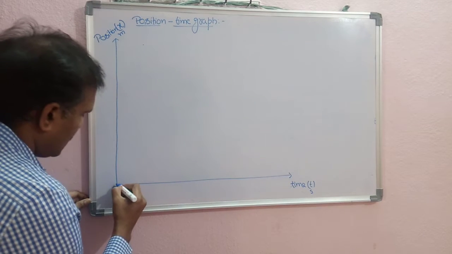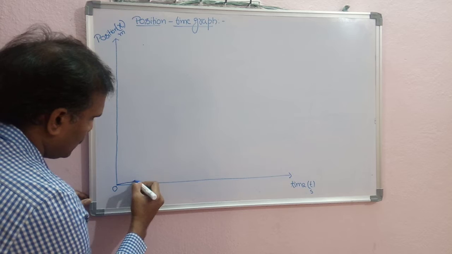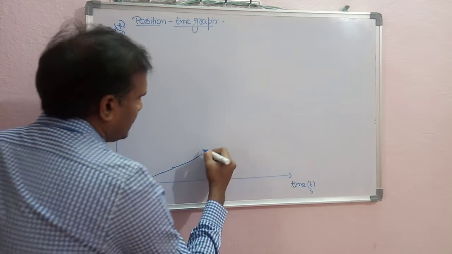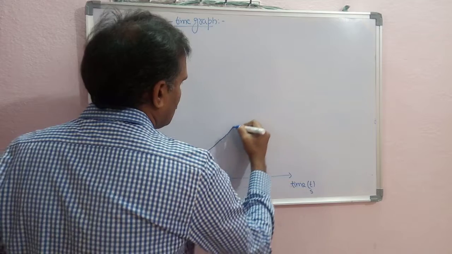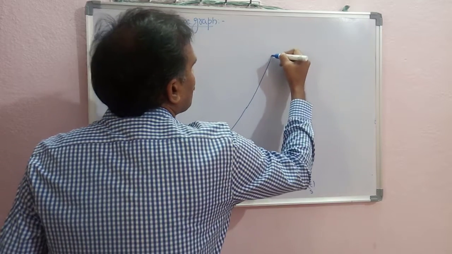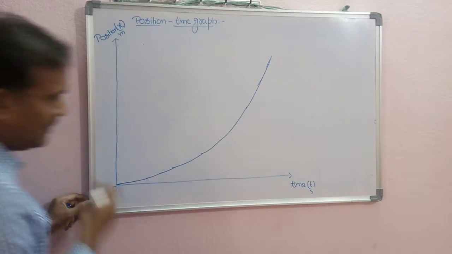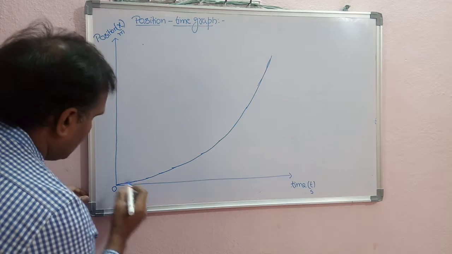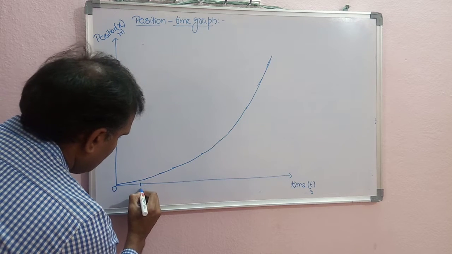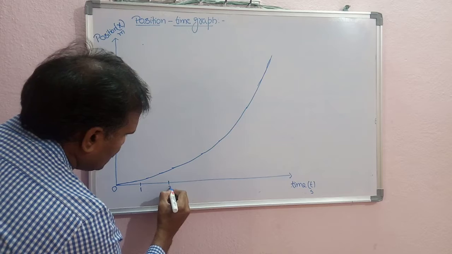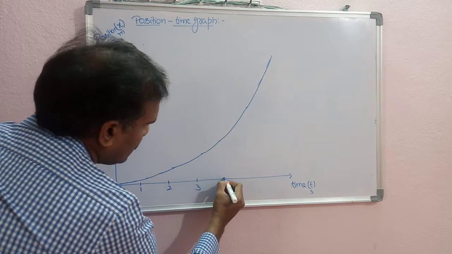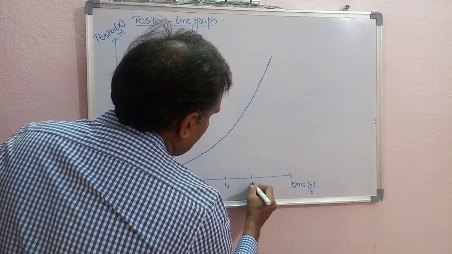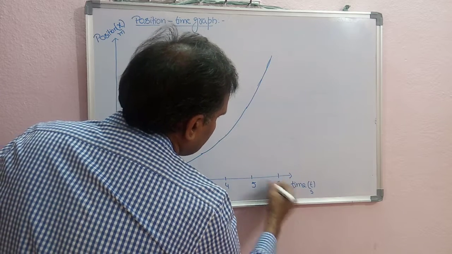Now, here I want to plot a graph in this manner. A curve. The graph is like this. It is a curve. Now, 1 second, 2 seconds, 3 seconds, 4, 5, and here it is 6.